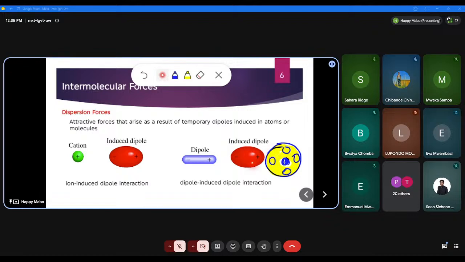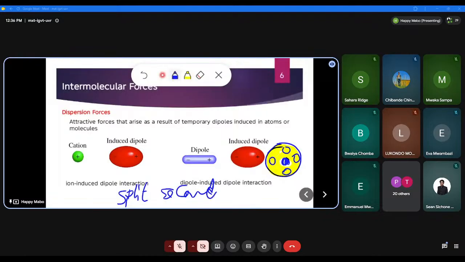And if there is any particle that has got a charge on it, such as in this case a cation with a positive charge, there's going to be an interaction. But this interaction forms within a very short period of time, within a split second.